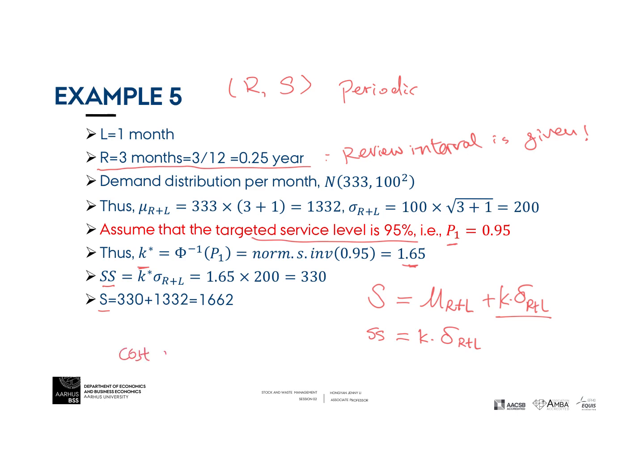So you can look into the cost structure regarding different R values. For example, here we have R equals 3 months, then you can try R equals 1, 2, 4, or other order periods.